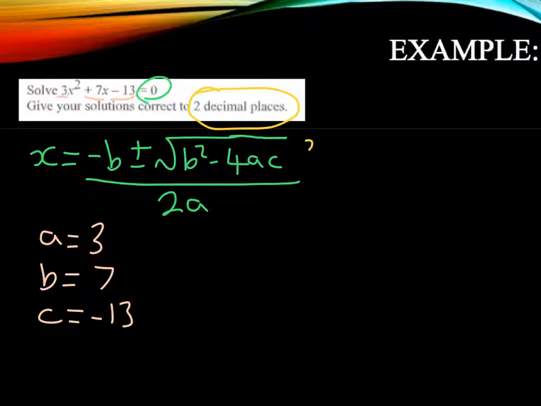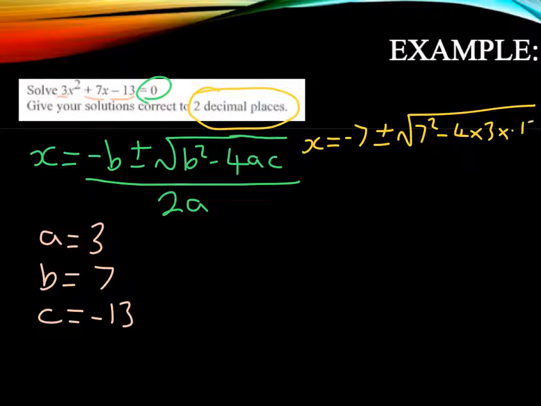So we've got x equals minus b, so minus 7, plus and minus the square root of b squared, so 7 squared, minus 4 times a, which is 3, multiplied by c, which is minus 13. So minus 13. There, all divided by 2a, so 2 times 3.